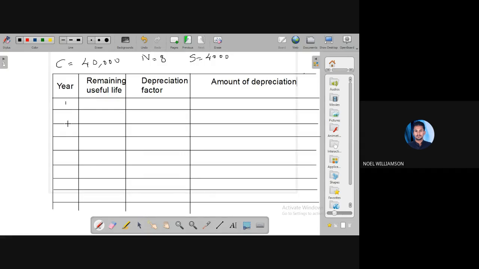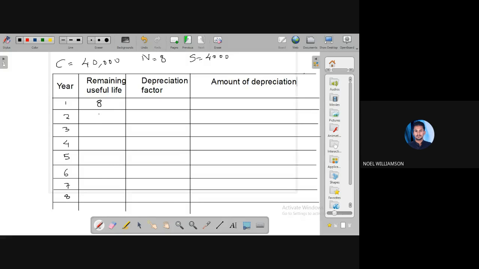So first year, second year, third year, fourth year, fifth year, sixth year, seventh year, and eighth year. Considering the first year, it has remaining 8 years, right? Because the total useful life is 8. So the remaining life will be 8.